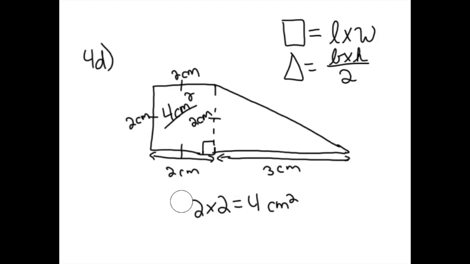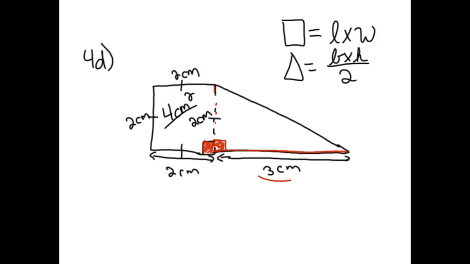Now I have to find the area of that triangle there. I can see that my right angle is right here. If that's my right angle, for the square, that means that the other side is also a right angle. So now that I have my right angle, I can see that I have 2 lines, one solid line and one dotted line, that come together at that right angle.